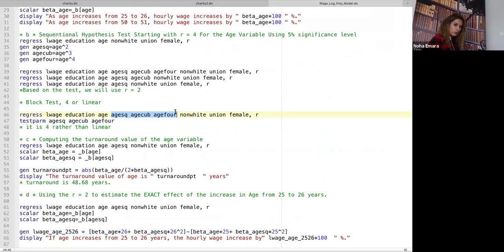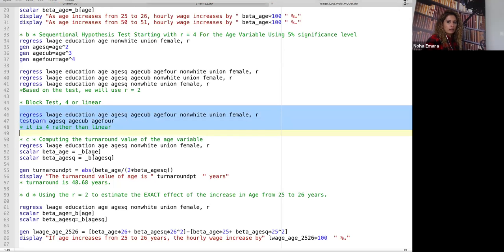Because if these are equal to 0, then my model is linear, right? I only have H. So your block test, or your F test, is on H squared, H cubed, H to the power 4. And you perform the F test, right?